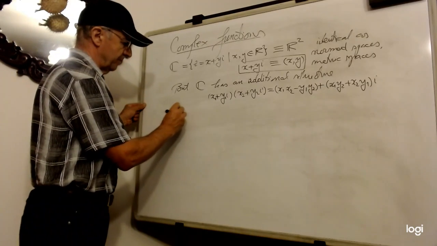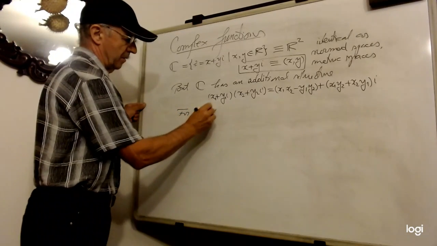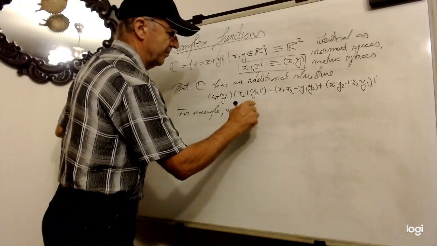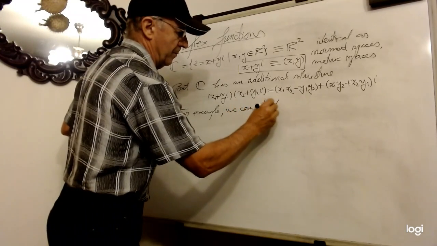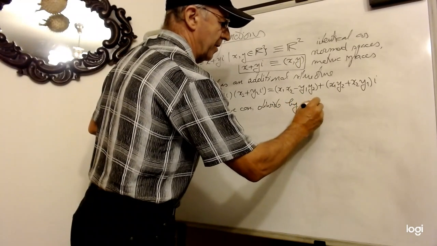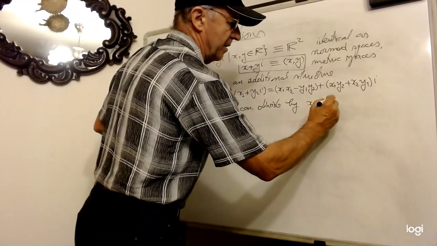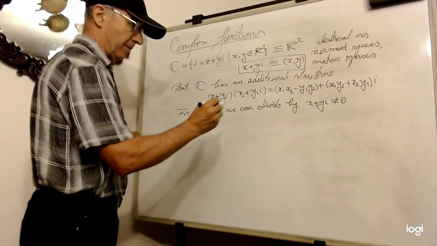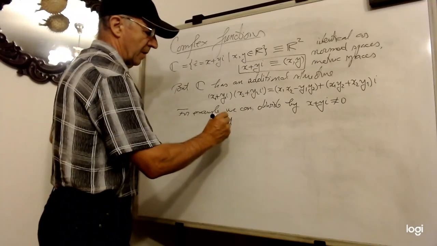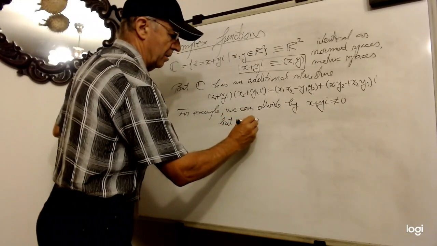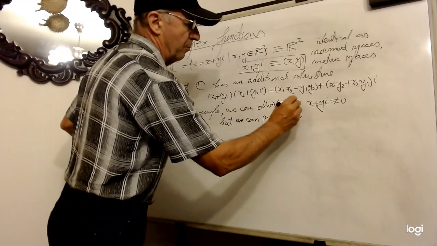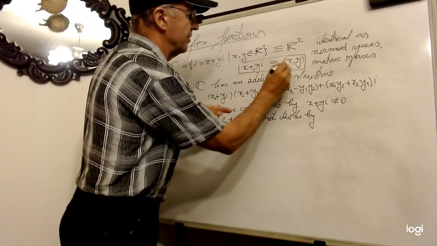For example, we can divide by the complex number x plus yi in the case when it is different from 0, but we cannot divide by the corresponding vector.